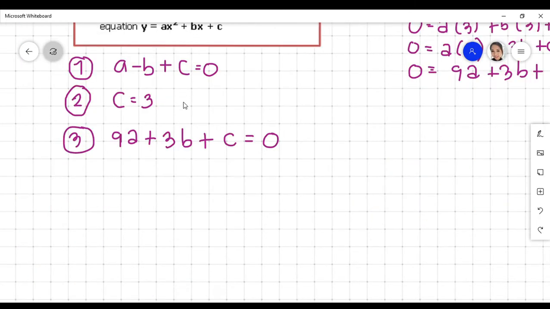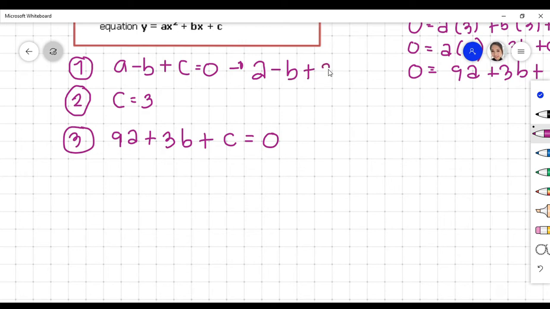Now, since c is equal to 3, we can substitute 3 to our equation 1 and equation 3. So, our equation 1 will become a minus b plus c, which is 3, so that's plus 3 equals 0.